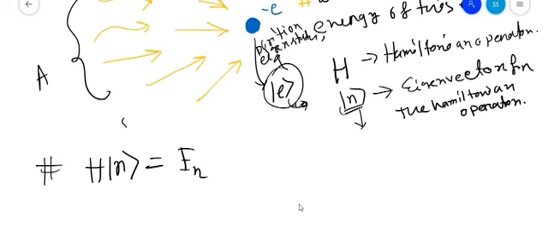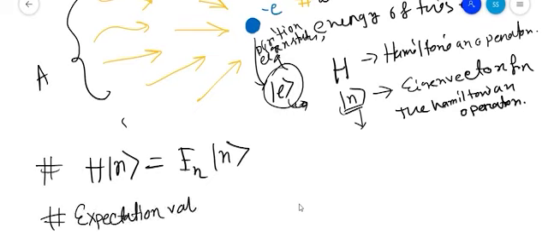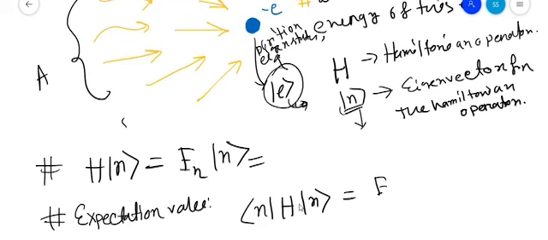Let's say I'm denoting this with E_N. And this is everything. In fact, there is also something called an expectation value that is coming from this equation over here, and it is denoted by this sandwiching.